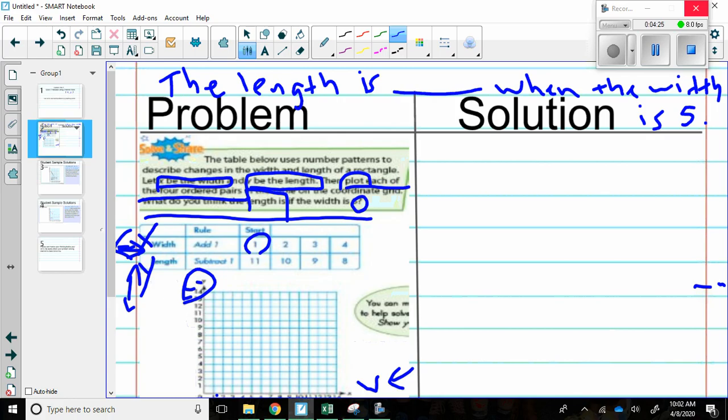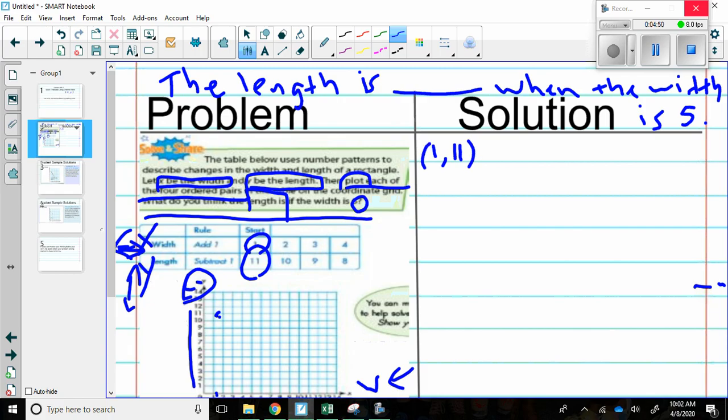So let's start over. My x value is 1, and my y value is 11. So I'm going to count up to 11 to plot my point. So my first ordered pair is 1, 11.